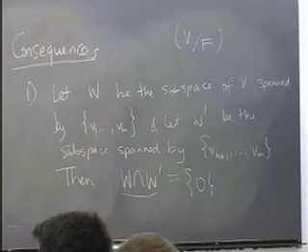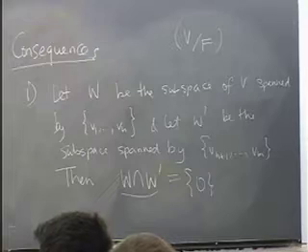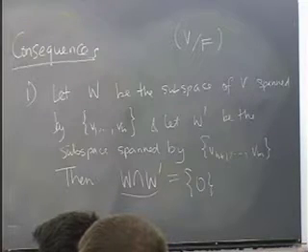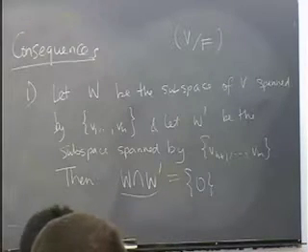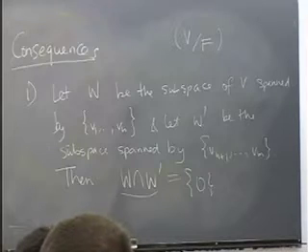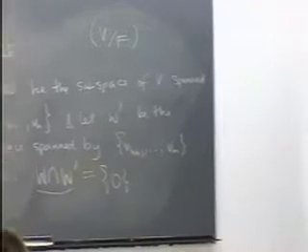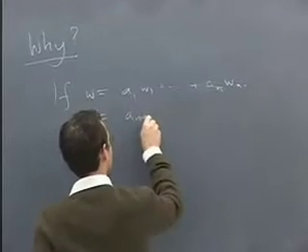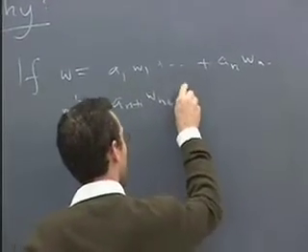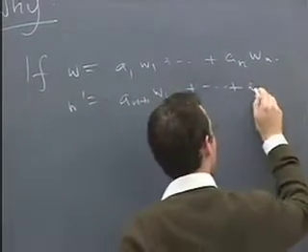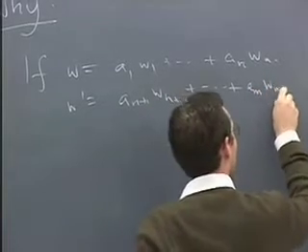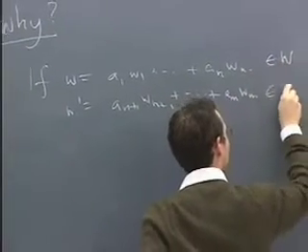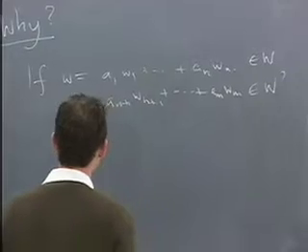Well, why? Suppose I have something which is in W. Well, I can certainly write it by definition of span as a1 w1 up through an wn. And if I have w prime, I can write that as an plus 1 w n plus 1 up to am wm. So these are just general elements of W and W prime.